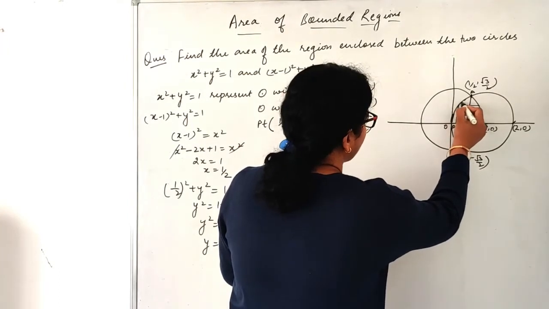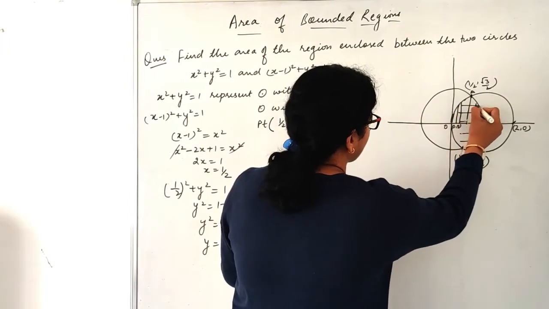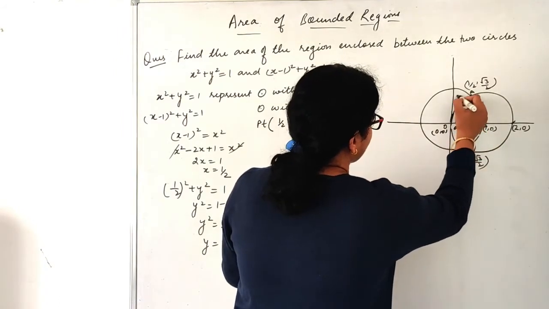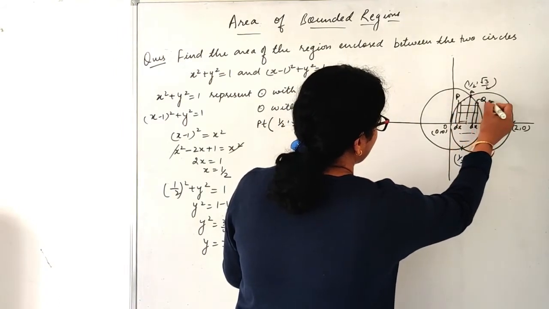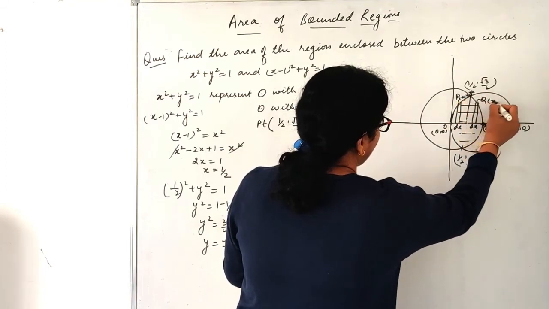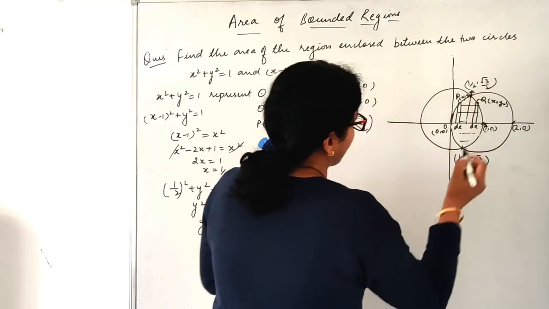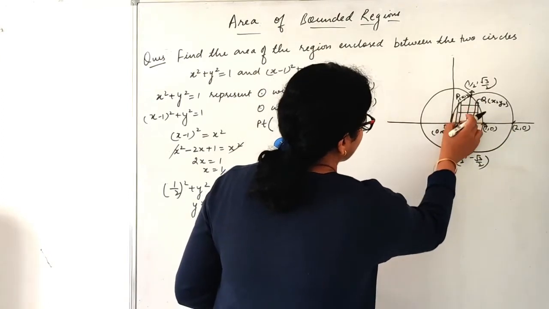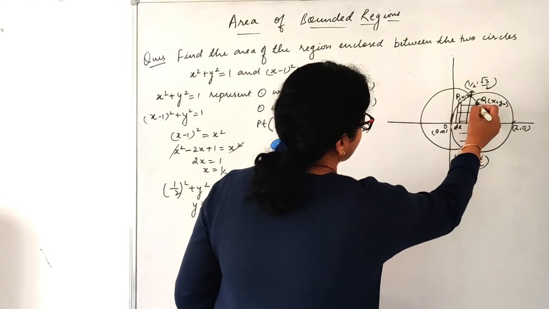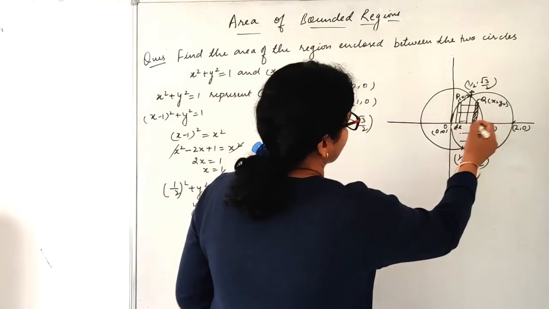So here will be one vertical strip and here also will be one vertical strip, right? This will be dx, right? If I take this as P and this as Q, let this be x1, y1 and this be x2, y2. Okay. So the area of this strip will be y1 into dx and the area of this strip will be y2 into dx, right?